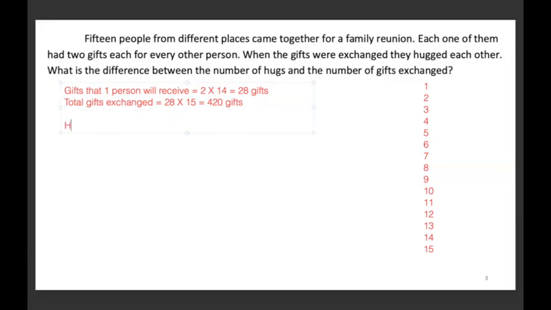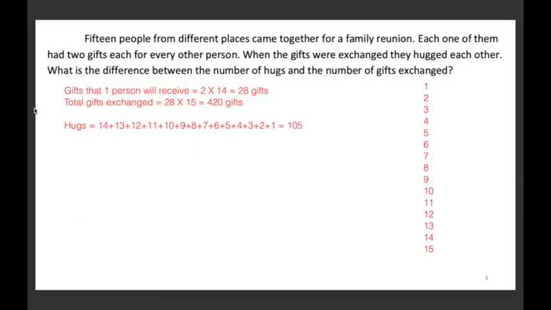Next, we'll look at hugs. For hugs, the total hugs exchanged will be 14 plus 13 plus 12 plus 11 plus 10 plus 9 plus 8 plus 7 plus 6 plus 5 plus 4 plus 3 plus 2 plus 1, which will be equal to 105.